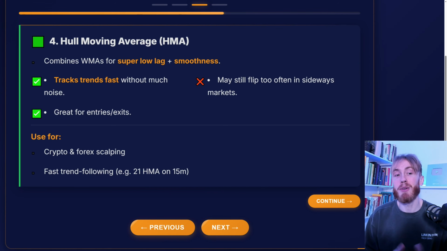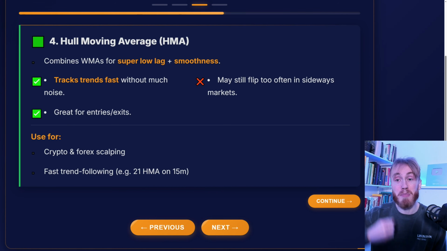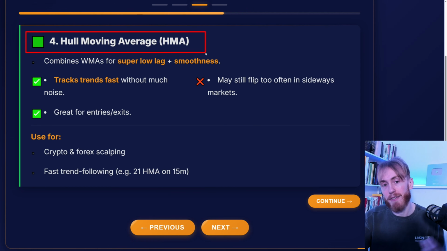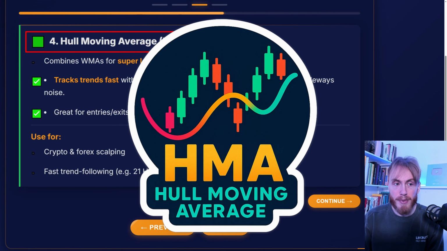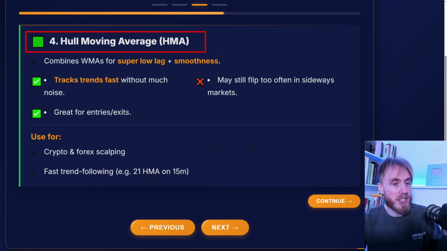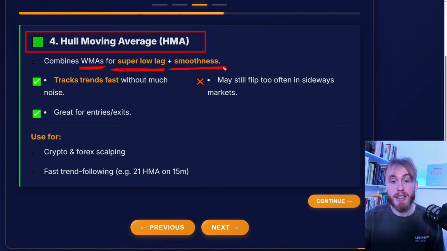But all right, so now we are starting to move into some of the more special and interesting moving averages, at least in my opinion. And the first one I have to talk about is the Hull moving average. What the Hull moving average does is that it combines weighted moving averages for a very low lag and smoothness.